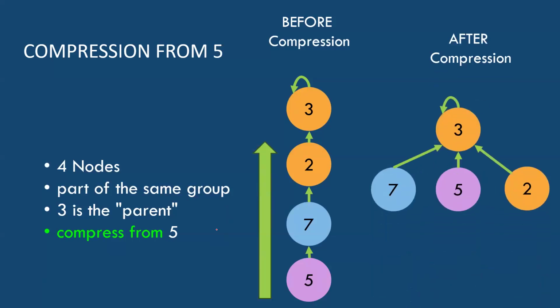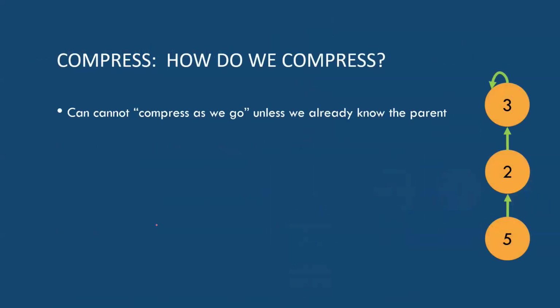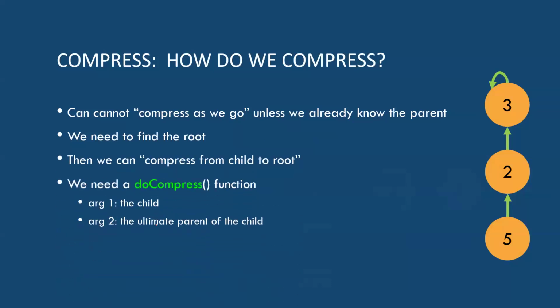So it depends on where we start our get group from. Now any get group that we do is going to be a whole lot faster because we compressed the whole chain. So we just compress as we go.